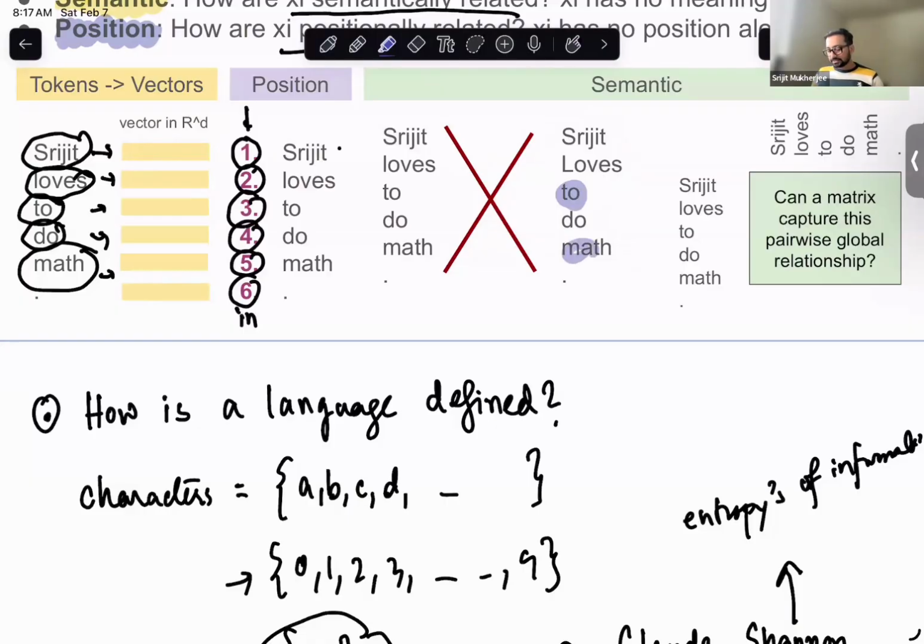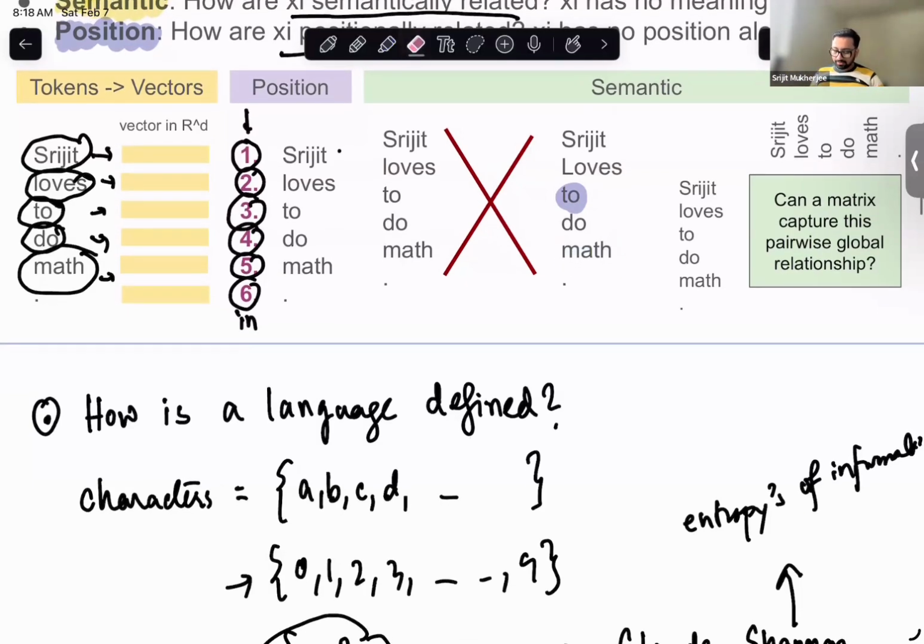In this case, yes. What I'm saying is that Srijit, loves and math. If you want me to select only one, I would say Srijit and math is the most important here, apart from Srijit and Srijit.